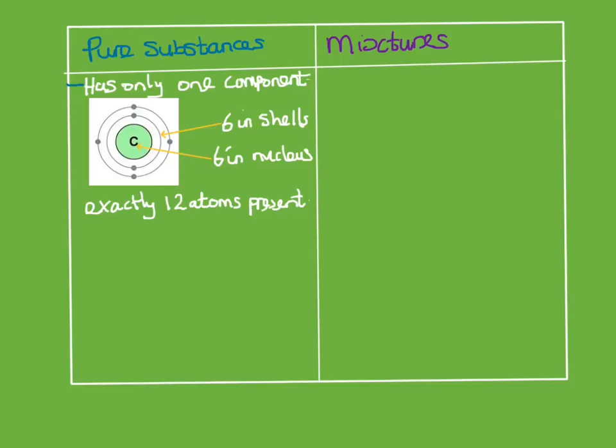While mixtures are a combination of 2 or more pure substances. Example is air. Air is a combination of gases such as oxygen, nitrogen, carbon dioxide, and many other gases.